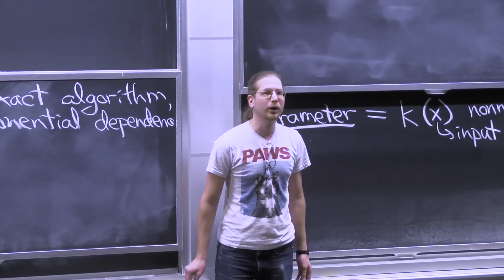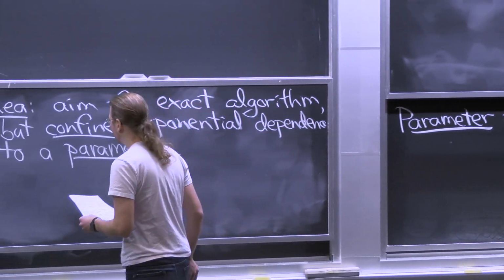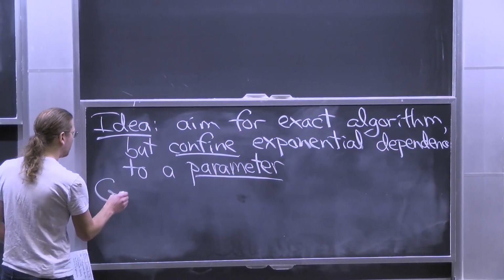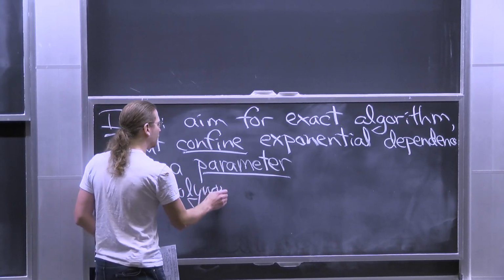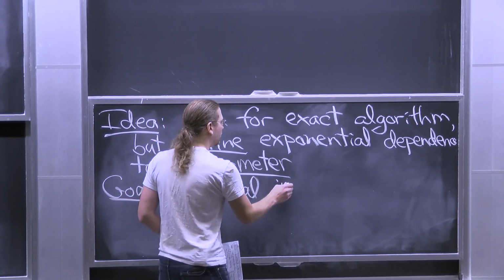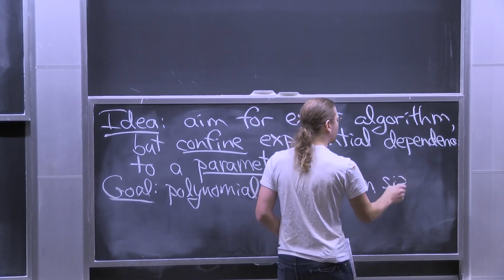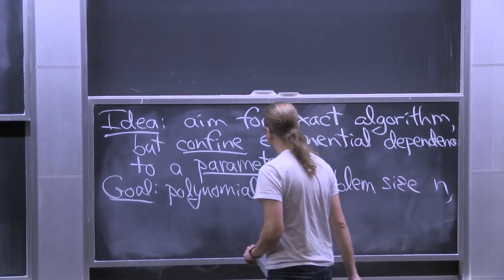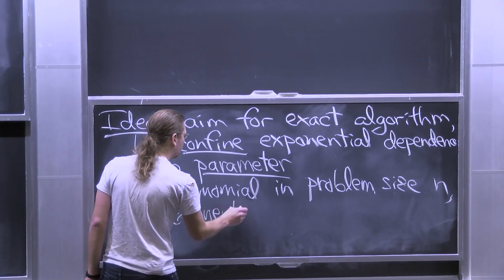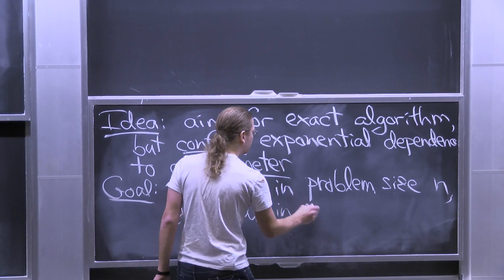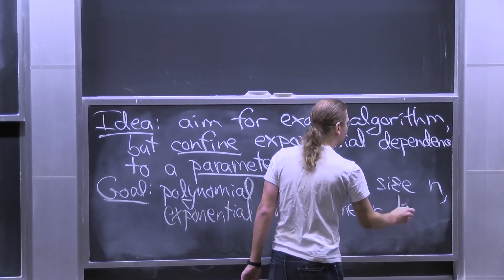Polynomial in the size of the problem, in V and E. So that's the general goal: polynomial in the problem size, which we usually call n, and exponential in the parameter, which I'm going to call k.